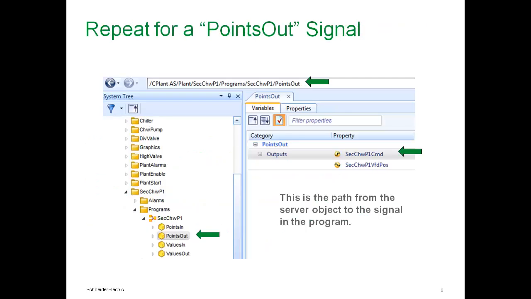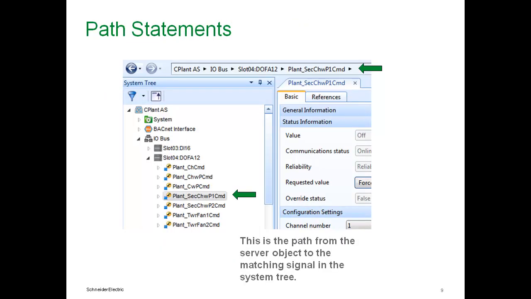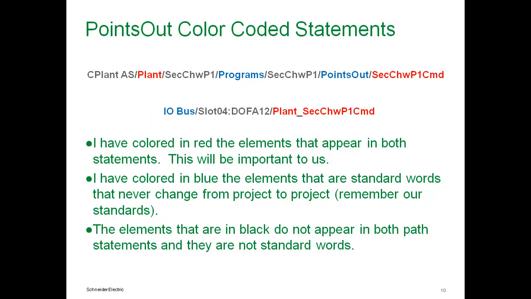I am now going to repeat this process for a representative signal in the points out module. You see here we're looking at secondary chilled water P1 command. The matching signal is in one of the I/O modules, in this case slot 4. Here is the color coding for the points out signals.